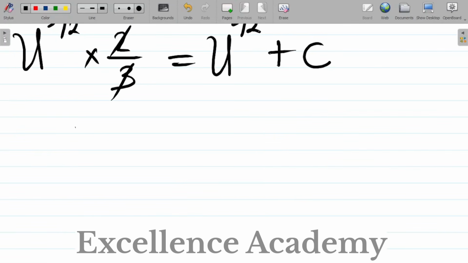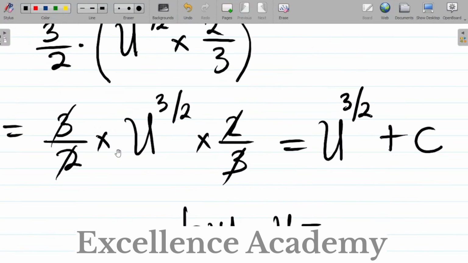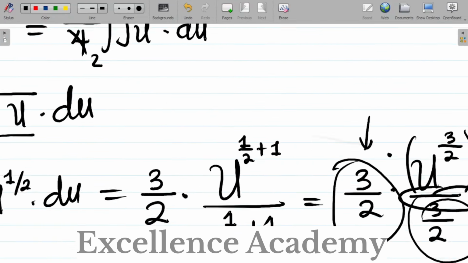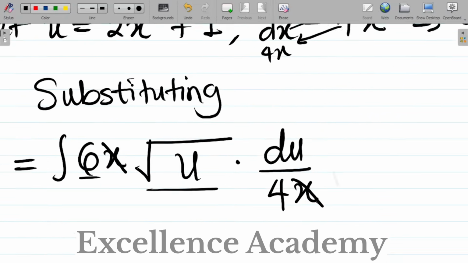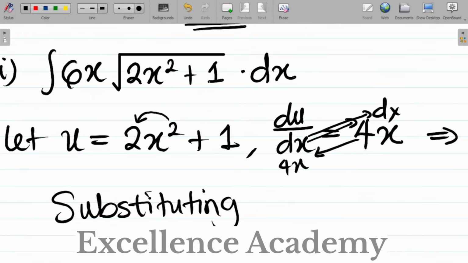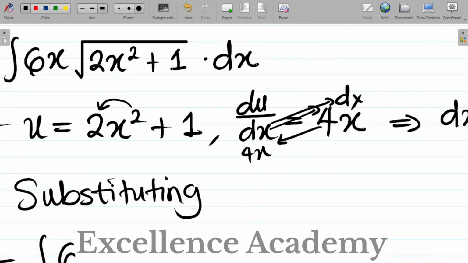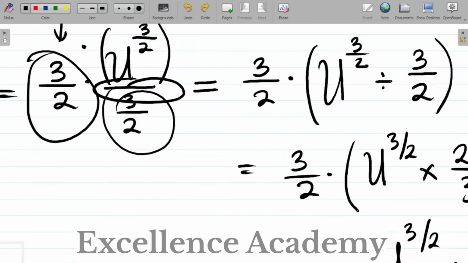Now, let's repeat the value of u. But what's u again? Let's check. From here, we have that the value of u is 2x squared plus 1. You can see the value of u here. So let's impute that value back, 2x squared plus 1.